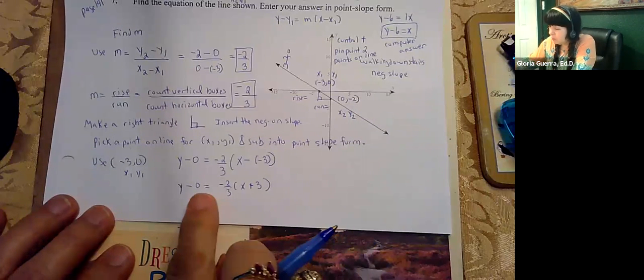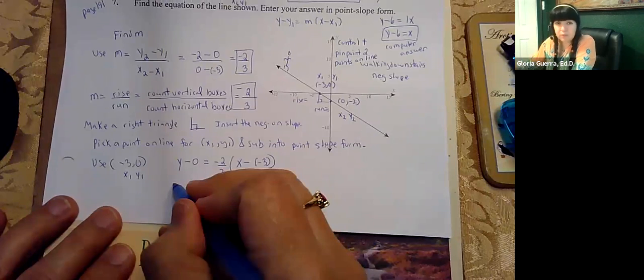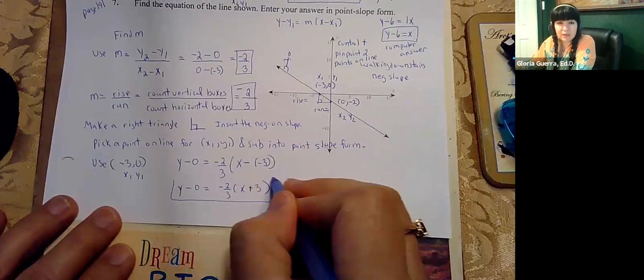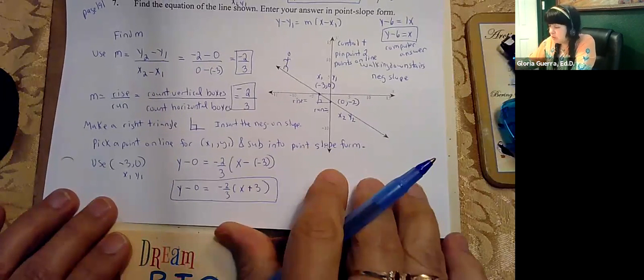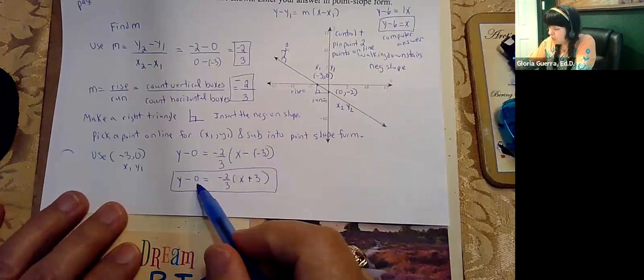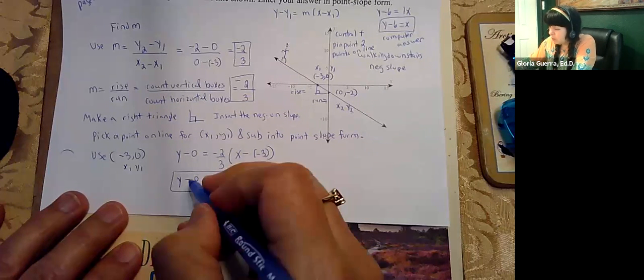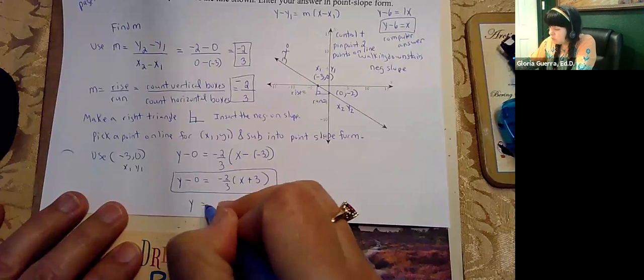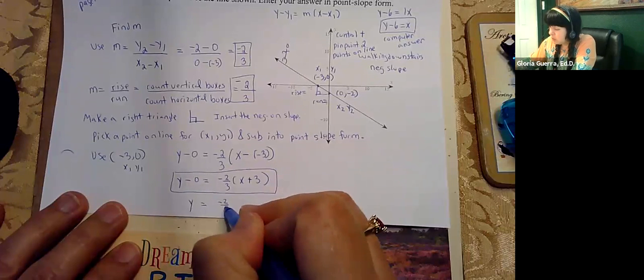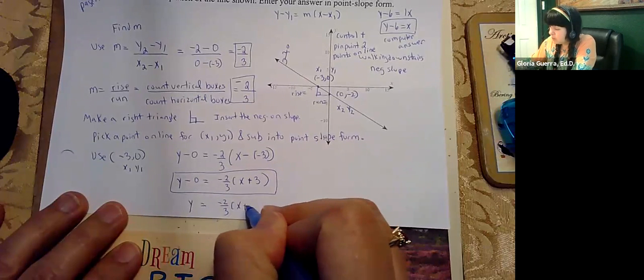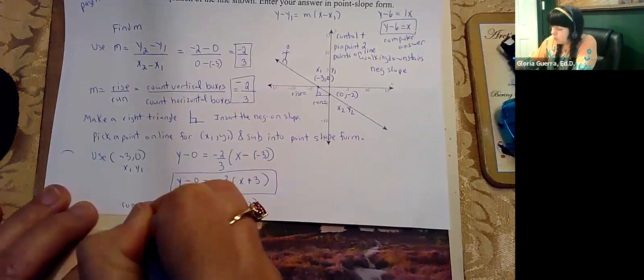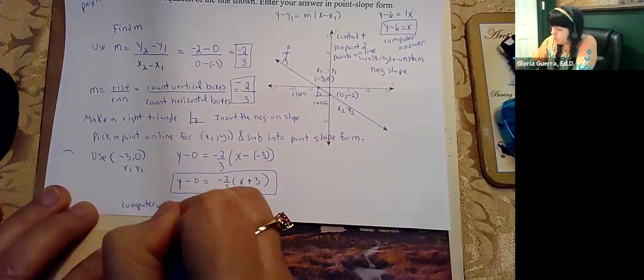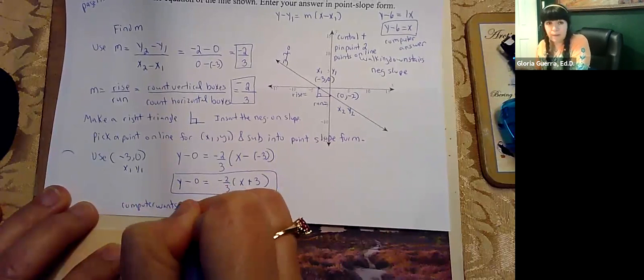For me, I'm okay if you type that, but the computer doesn't like this because it's got 0 there. So the computer will want y equals -2/3 x plus 3. And that's what the computer wants.